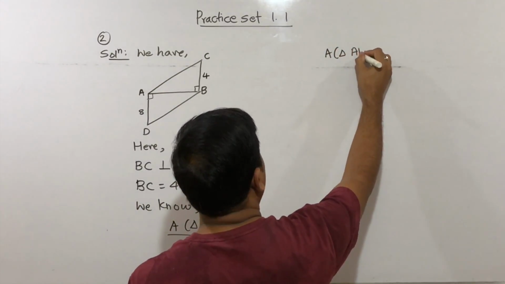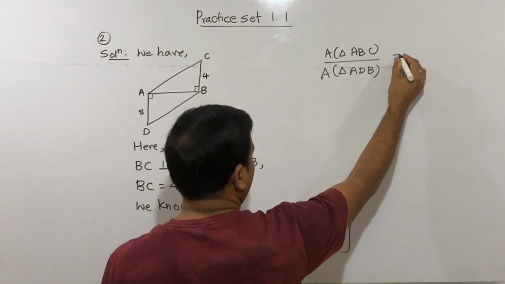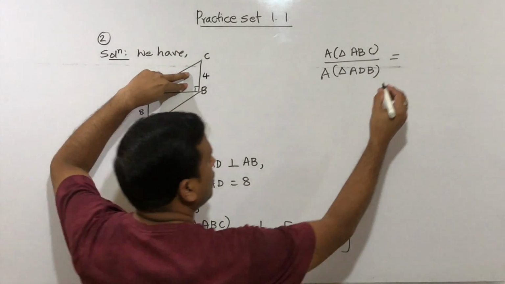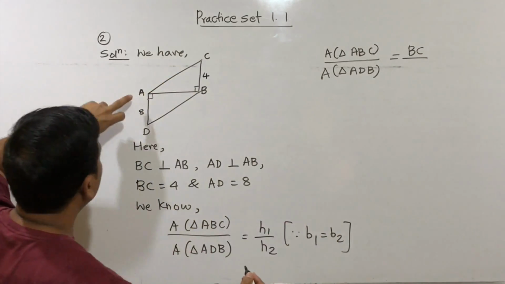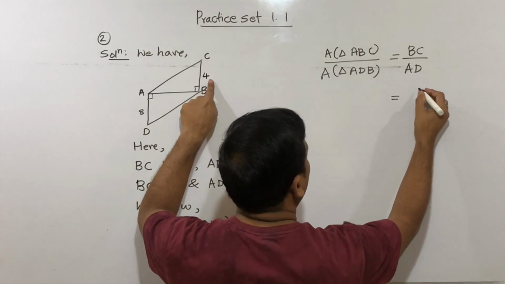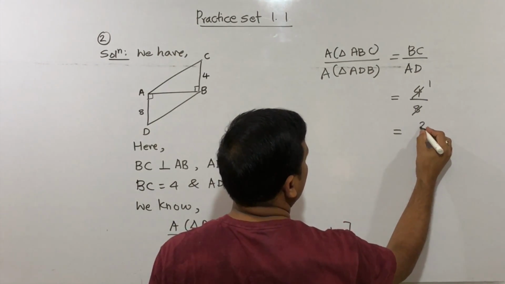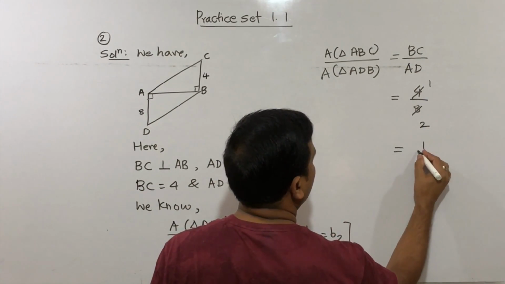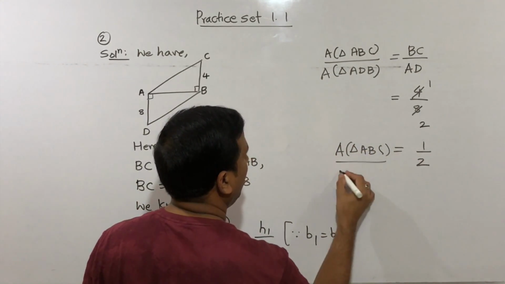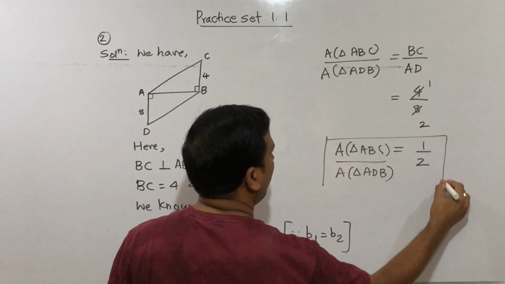Area of triangle ABC upon area of triangle ADB will be equal to, what is H1 for triangle ABC? Height is BC. For triangle ADB, height is AD. The value of BC is 4 and the value of AD is 8. It can be simplified as 4 ones are 4, 4 twos are 8. Therefore, this can be written as 1 upon 2.